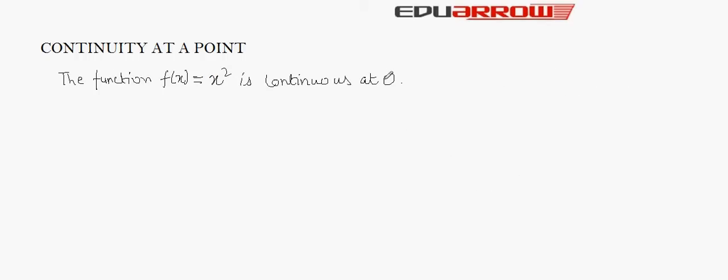Let us see this concept through an example. In this question, it is given that there is a function f(x) which is equal to x square, and we have to check whether it is continuous at x = 0. Here a is 0.